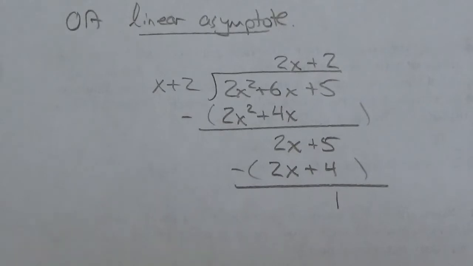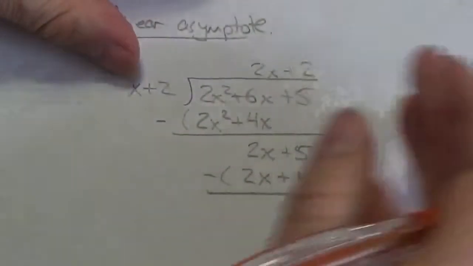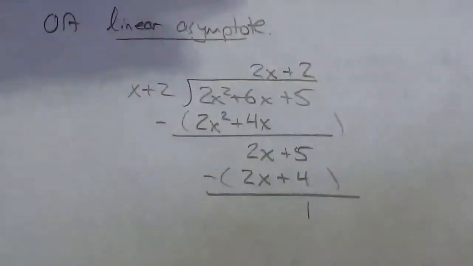Now, technically speaking, I could actually keep going here. There is a way to keep going, but it does get messy. And just like a lot of your questions where you start dropping the decimal and putting zeros, this could go on forever.